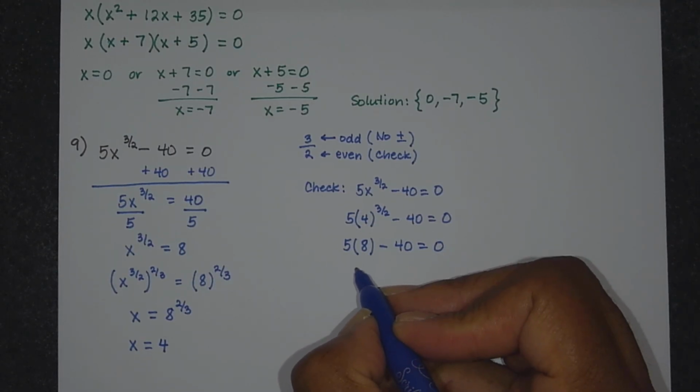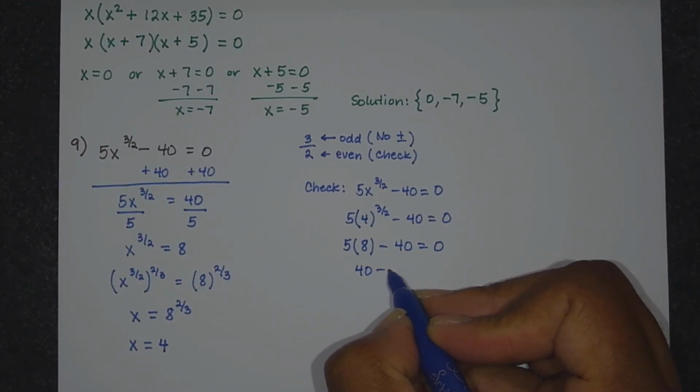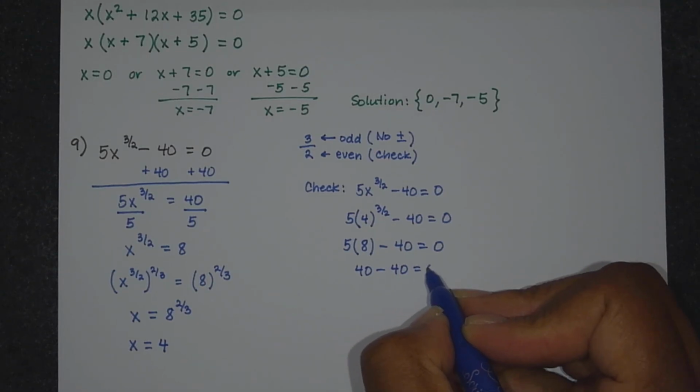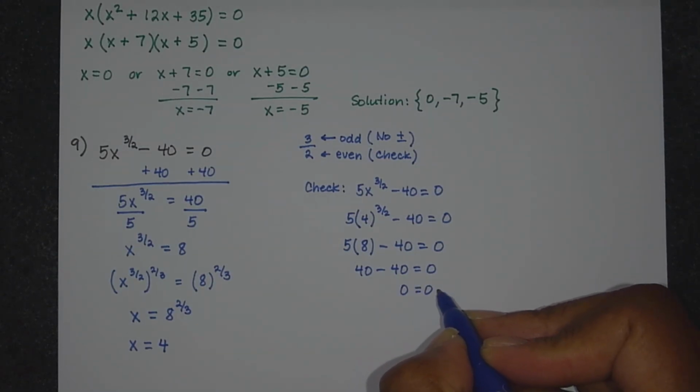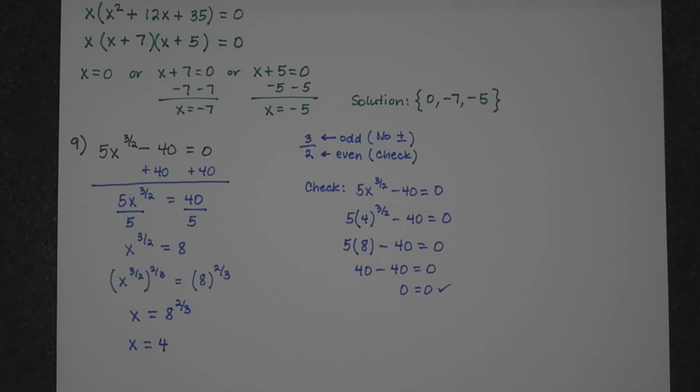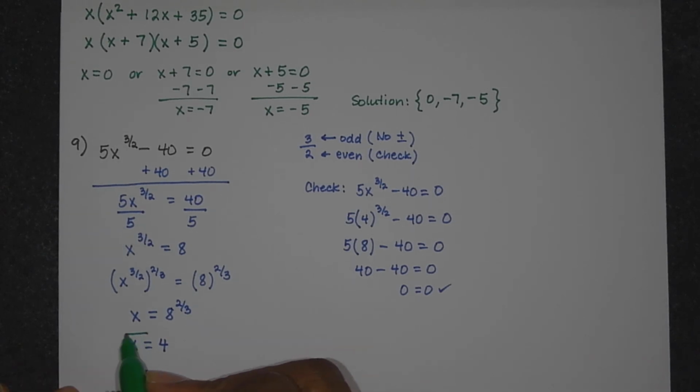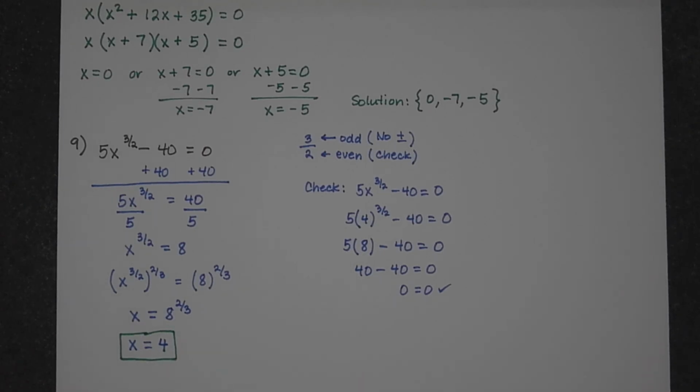And what's 5 times 8? 40. And what's 40 minus 40? 0. So this does check, which means that x equals 4 is the solution to that equation with rational exponents.